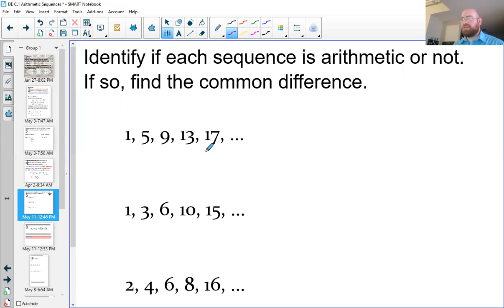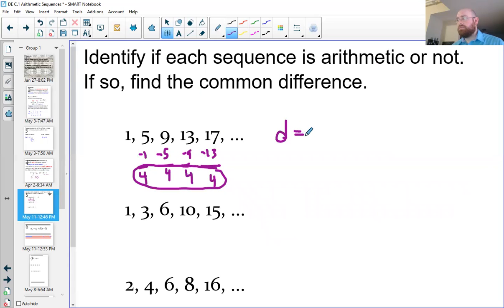I'm going to say 17 minus 13 gives me 4. 13 minus 9 gives me 4. 9 minus 5 gives me 4. 5 minus 1 gives me 4. So because all of these have the same difference, our common difference is equal to 4.